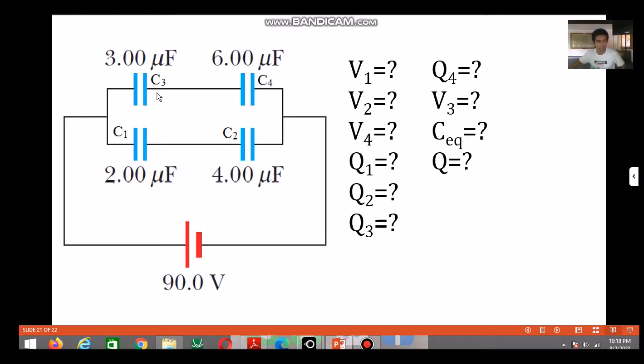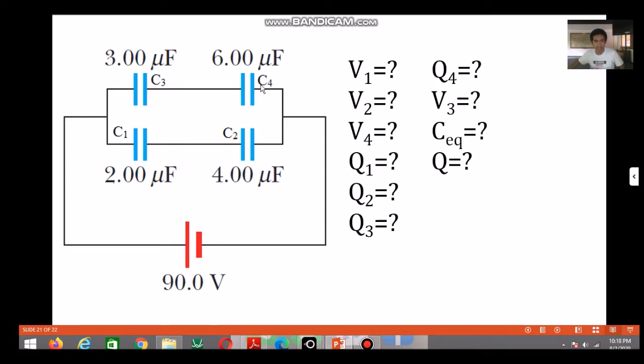These two capacitors, C3 and C4, are in series connection because the negative plate of C3 is connected to the positive plate of C4. For C1 and C2, these two capacitors are connected in series since the negative plate of C1 is connected to the positive plate of C2.